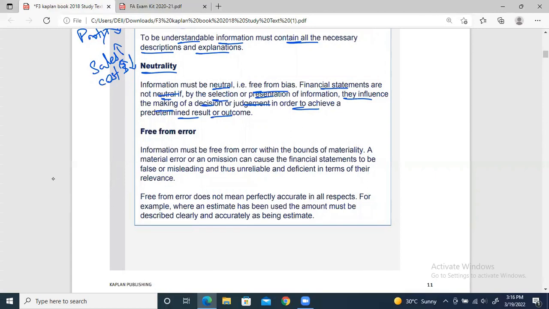Okay. Now the third thing over here is free from error. Information must be free from error within the bounds of materiality. Material error or an omission can cause the financial statements to be false or misleading, and thus unreliable and deficient in terms of their relevance, right? So also they should be free from error. There should not be any kind of mistake. Okay.